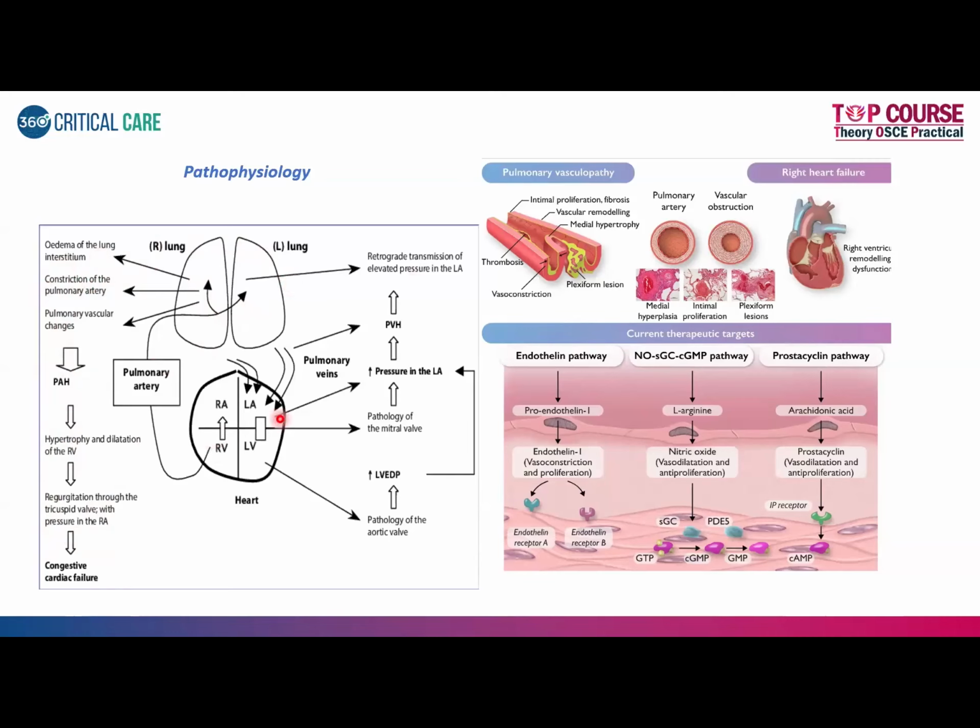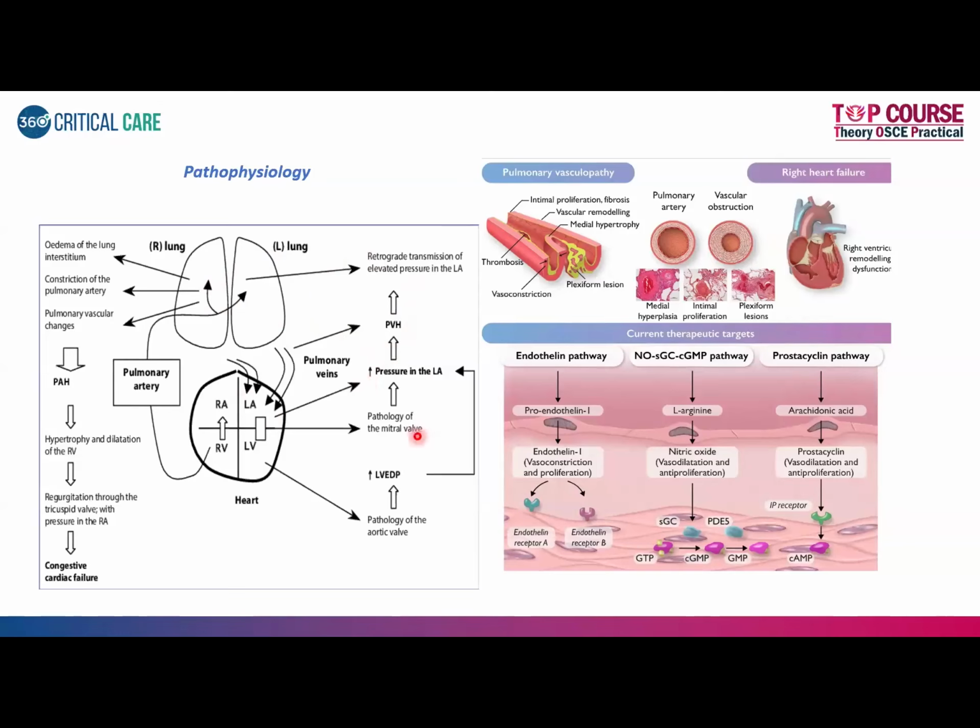So basically, when there is a pathology of the mitral valve, there is increase in the pressure of the LA. So the left side problem can also cause the right side problem. So usually it is pathology of the mitral valve, increase in the LA pressures causing the pulmonary vascular hypertrophy, and then we have the retrograde transmission and elevated pressure of the LA, resulting in the back pressure and causing the right heart failure.